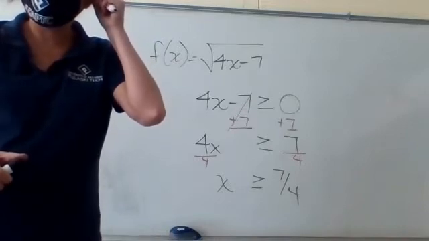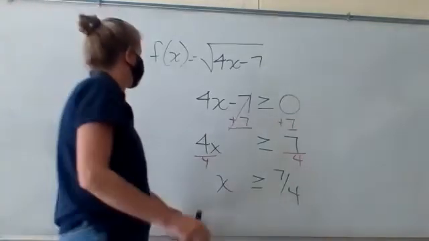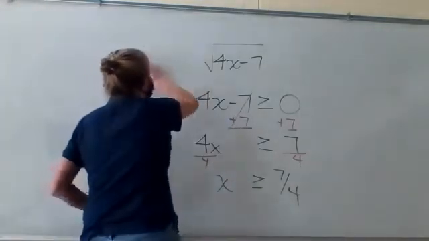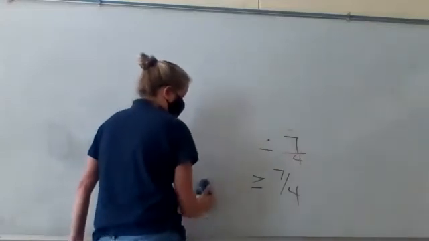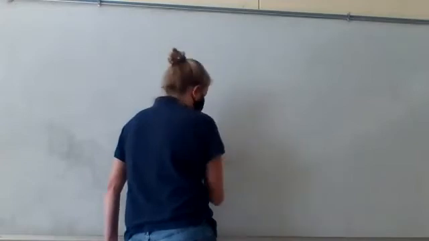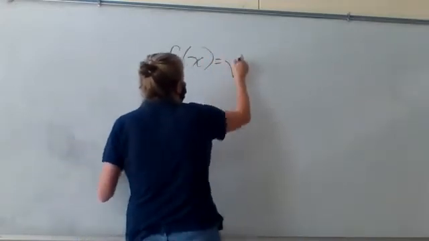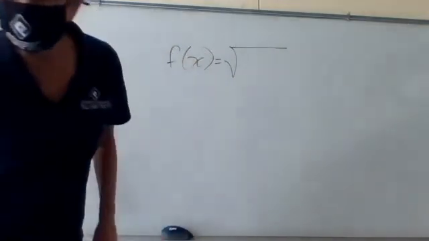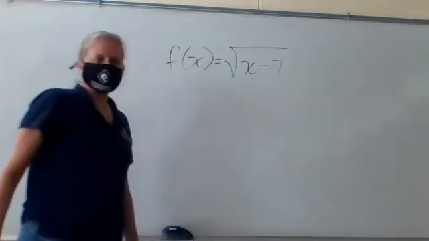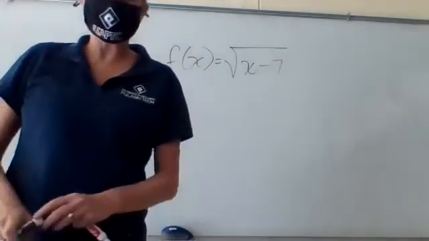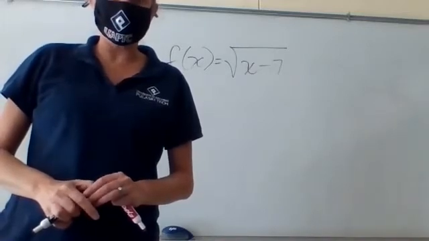Number 17. Graph the function f of x equals the square root of x minus 7. And it's a multiple choice. So if you know your transformation rules, you don't even have to graph it, because the graph says find where f of x equals the square root of x minus 7, with the minus 7 inside that square root.